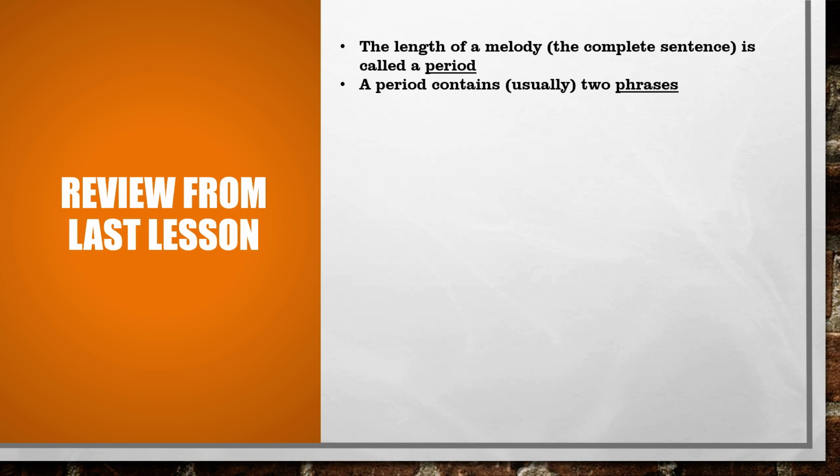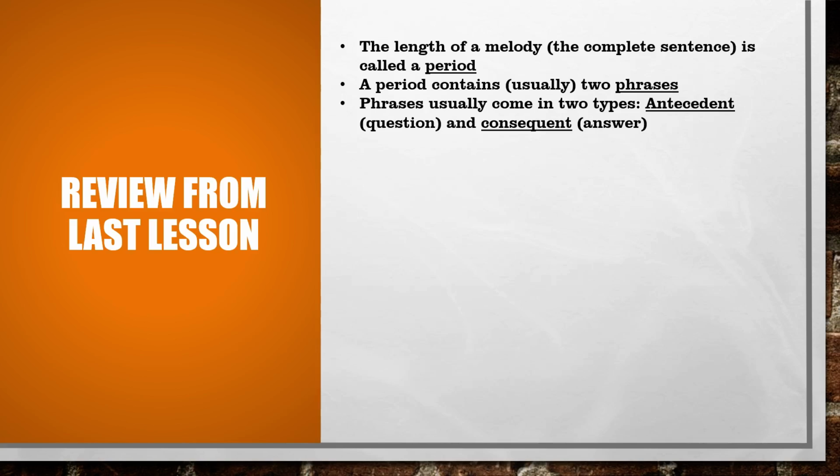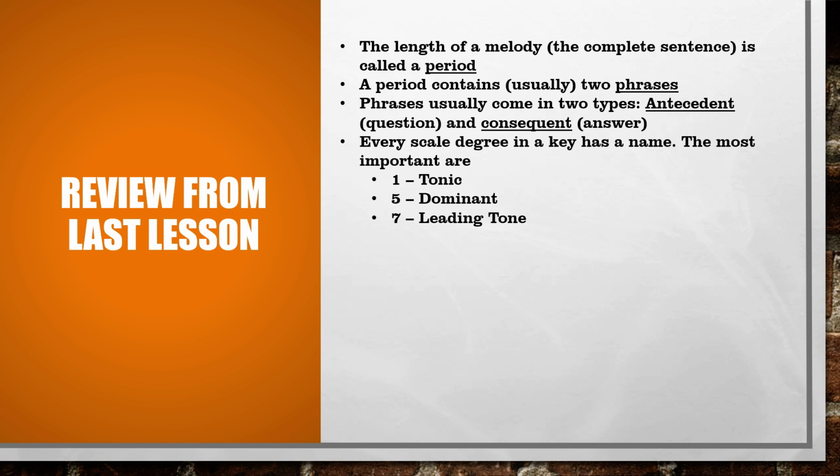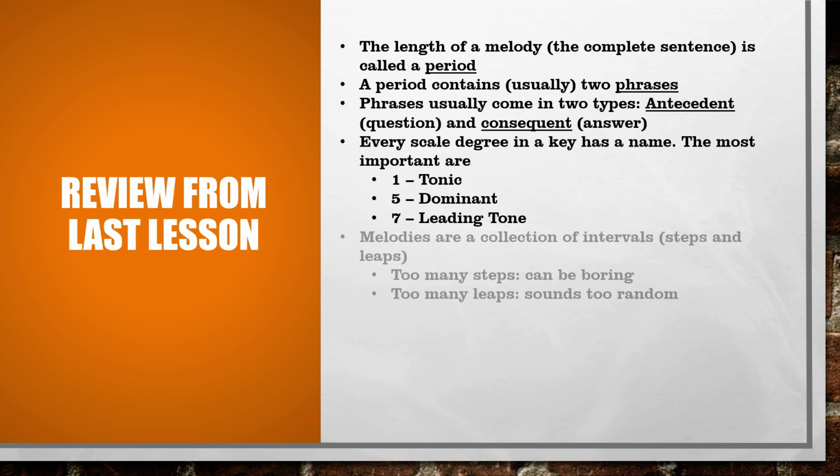A period typically contains 2 phrases, and those phrases come in 2 types: antecedent and consequent, the question and answer. Every scale degree in a key has a name, but the most important ones are the tonic, the dominant, and the leading tone. We'll be looking at those quite a bit today, as well as the supertonic, but the 1, 5, and 7 are the ones that I recommend you memorize right off the bat.